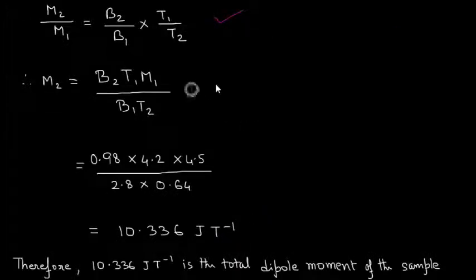Therefore, M2 is equal to B2 T1 M1 upon B1 T2. Putting the values of B2, T1, M1, B1 and T2, we get 0.98 multiplied by 4.2 multiplied by 4.5 upon 2.8 multiplied by 0.64. Upon solving, we get 10.336 joule per Tesla.